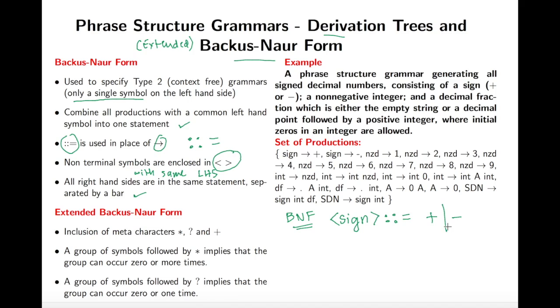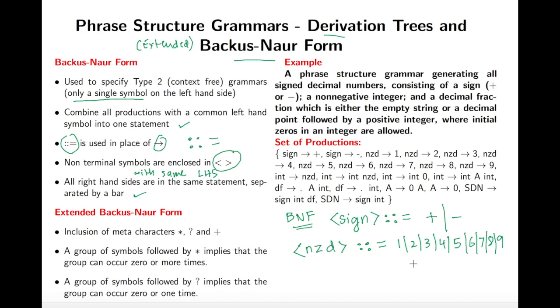Then we have non-zero digits, which again represent a non-terminal element. This is 1, 2, 3 up to 9, so I'll just say 1 bar, 2 bar, 3 bar, 4 bar, 5 bar, 6 bar, 7 bar, 8 bar, and 9.